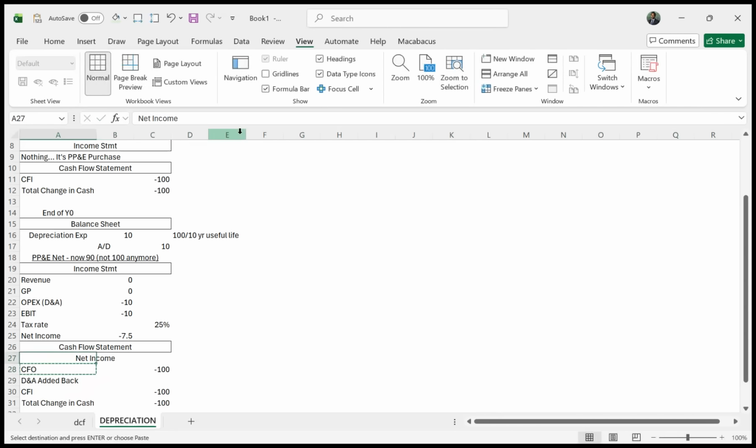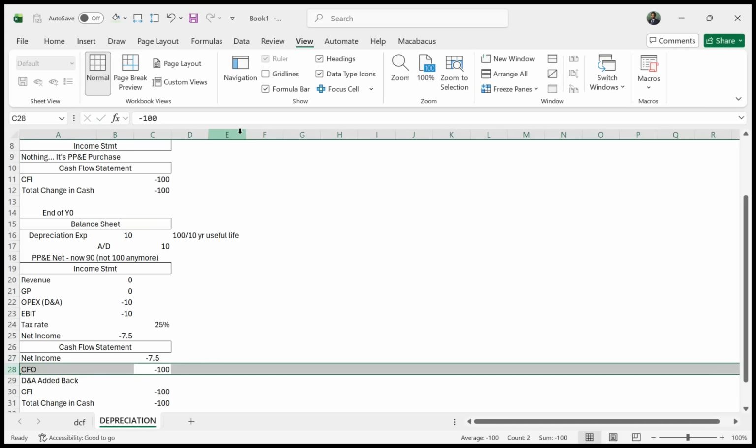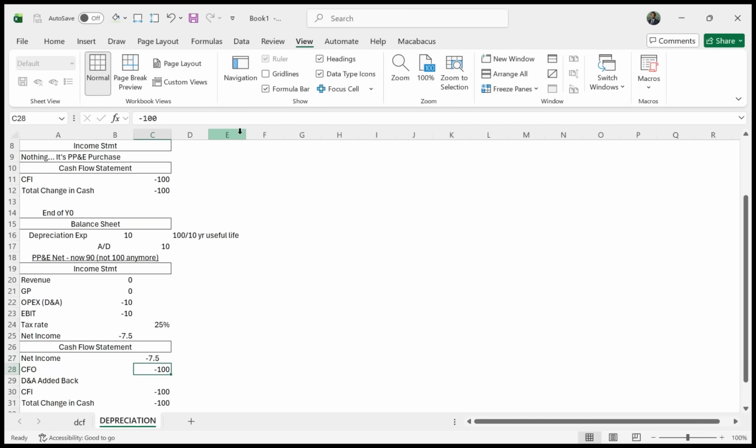Net income is now down 7.5, but your D&A from a CFO perspective is adding back 10.